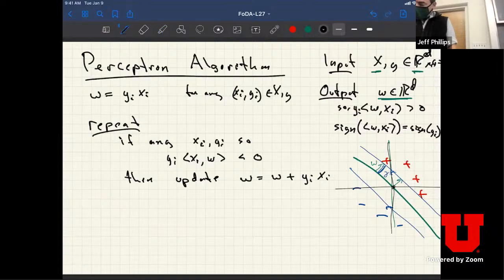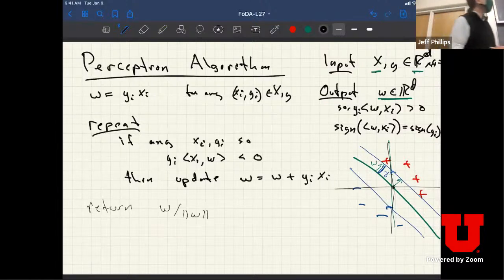The Perceptron algorithm, well, yeah, there's one more: return W divided by the norm of W, but this won't be so important. That doesn't change the classifier at all. Okay, so we're going to try and replace it here, and there's only one place that it's showing up. It's only showing up in this check. We somehow need to replace it here, but we also need to replace this update step, and that one's going to be a little bit trickier.